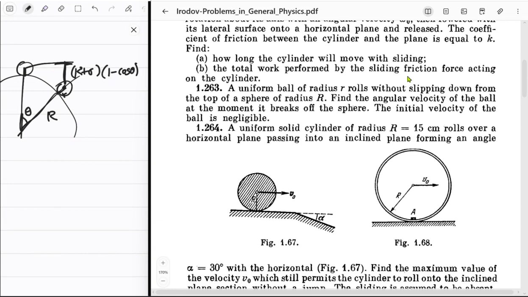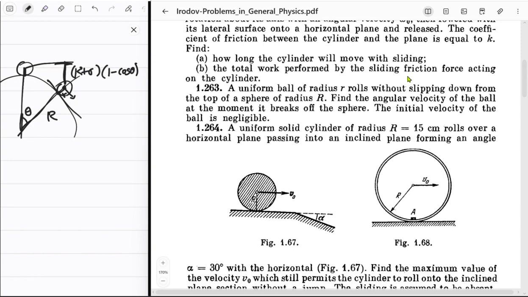Then you also want the energy at that point. It's moving with some velocity, and it also has an angular velocity. The point of contact on the tangent is stationary, not just with the sphere but with the tangent as well.